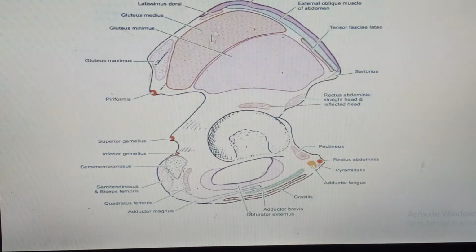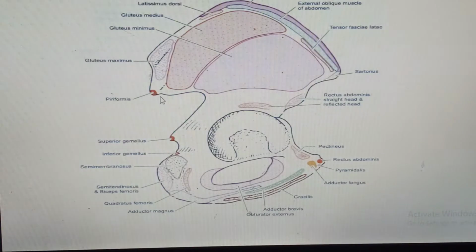This is actually the gluteal surface. If you look at the gluteal surface, between the anterior and inferior gluteal lines, taking attachment there will be the gluteus minimus muscle, and then between the anterior and posterior gluteal lines will be the origin for gluteus medius, and posterior to the posterior gluteal line will be the origin for the gluteus maximus muscle.